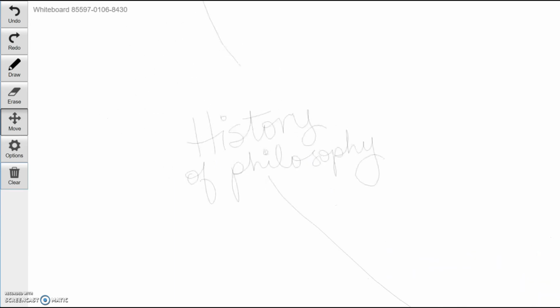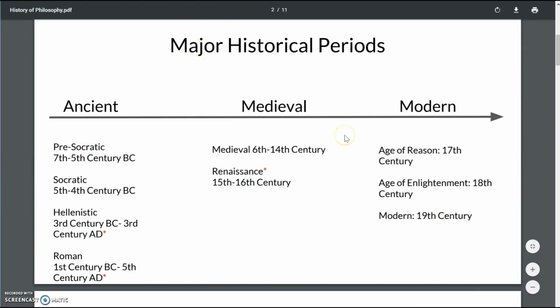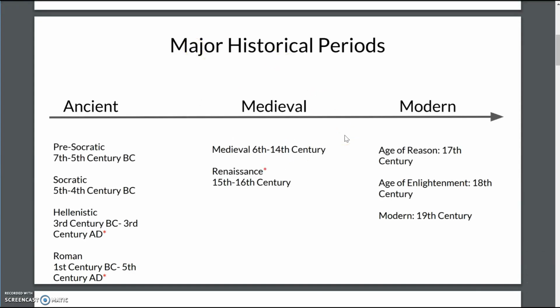Let's go over here. I have one specific assignment in mind that pertains to how this tool can help students meet a learning outcome. Usually I do this history of philosophy presentation, and this is one of many slides that shows them the major historical periods of philosophy.